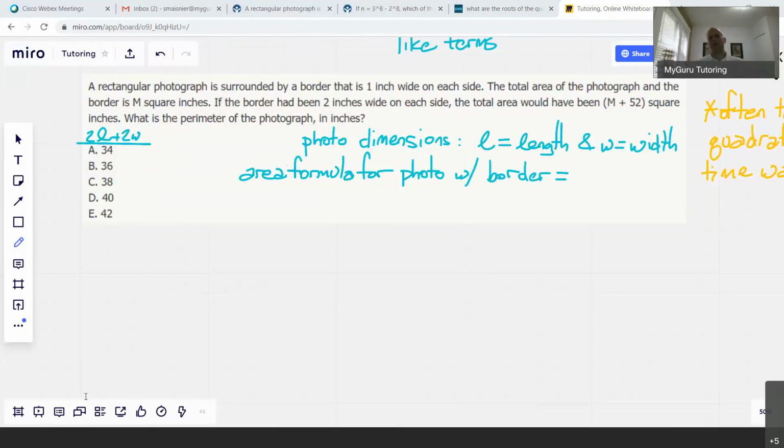Can anybody tell me? And that is correct. We've got L plus 2 times W plus 2.